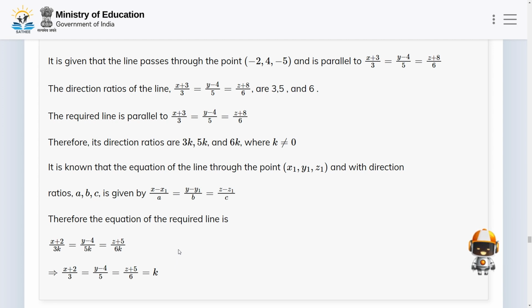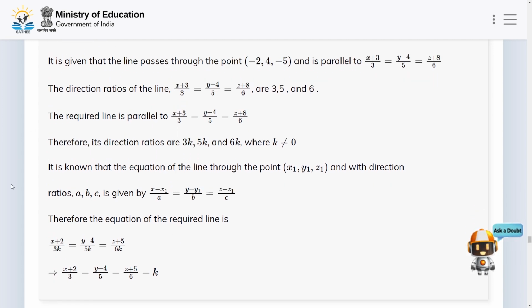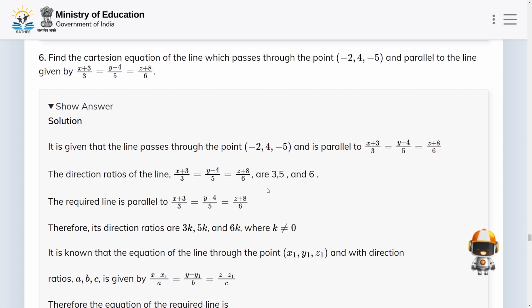I hope that it is clear. Very simple. As you just saw, we skipped the in-between steps to get your answer directly. I hope that you understood how we got here.